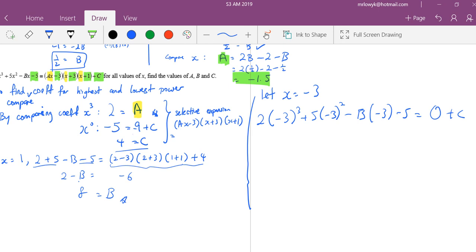Now assuming Jingfeng is correct. Next one, let x be what? Negative 1, right? So I try again. Still the same thing.